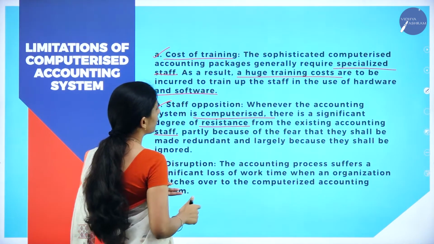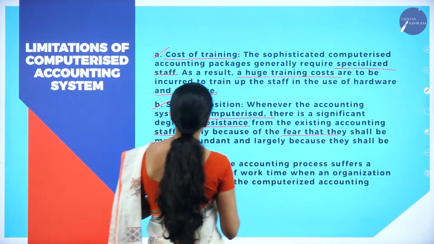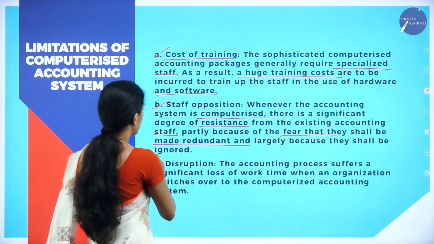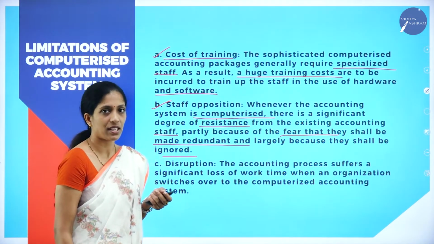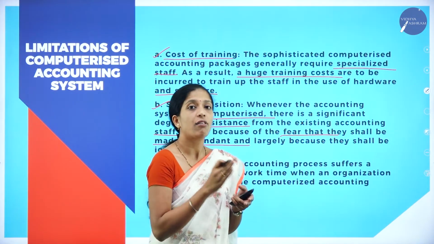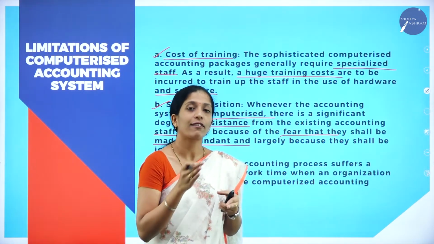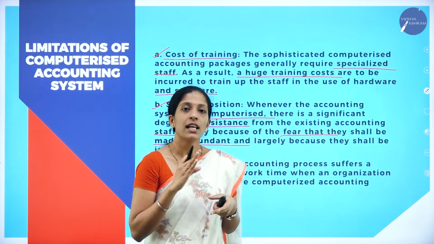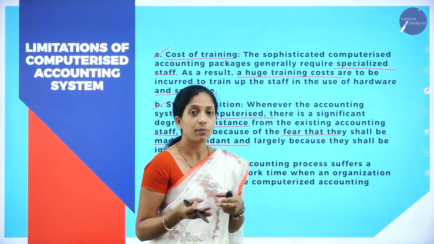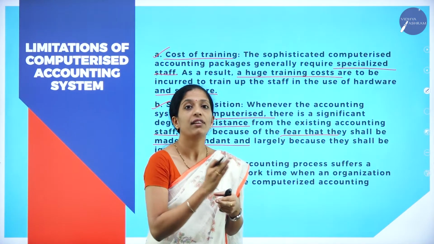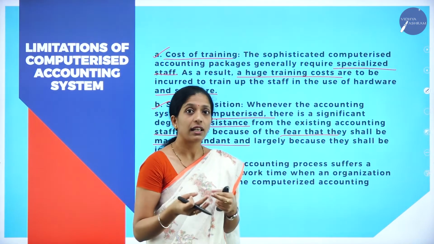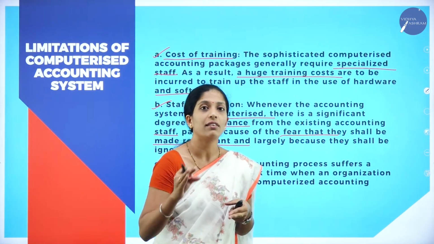Partly because of the fear that they shall be made redundant and largely because they shall be ignored. So this normally happens. When the old accounting staff is being ignored, or if the old accounting staff is not ready to take up the new technology, in that situation there will be fear in their minds that they will be ignored permanently, because the new accounting staff will inculcate the new technology and do the work.